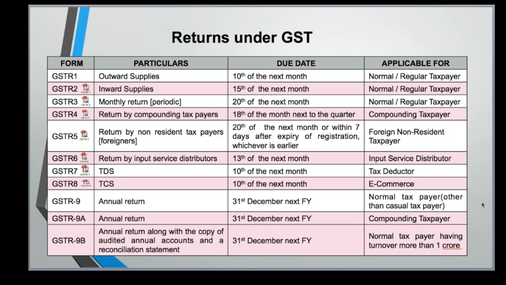And once we file the GSTR 2, if we make any changes therein, suppose in my example, instead of 1 lakh plus 18,000, I had shown it as 90 plus 15,000, and my recipient of supply had amended the same as 1 lakh plus 18, then I would receive a message in my dashboard regarding the change done by my client, and I will have 2 days, 16th and 17th, to accept or reject the same.